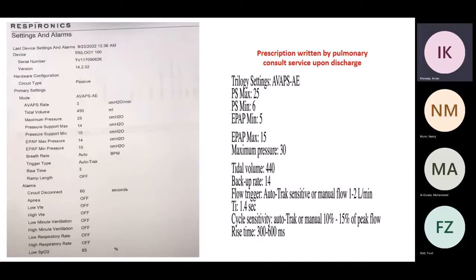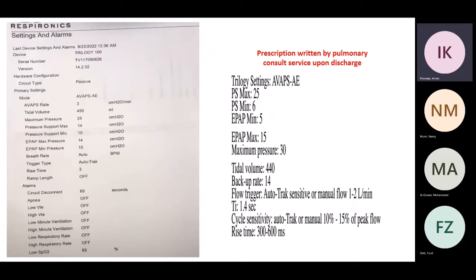And the pressure support maximum and pressure support minimum is the range between which the machine will decide which pressure support the patient will require to generate that tidal volume. Because to form a tidal volume you need the pressure support, right, if it's a pressure regulated machine.